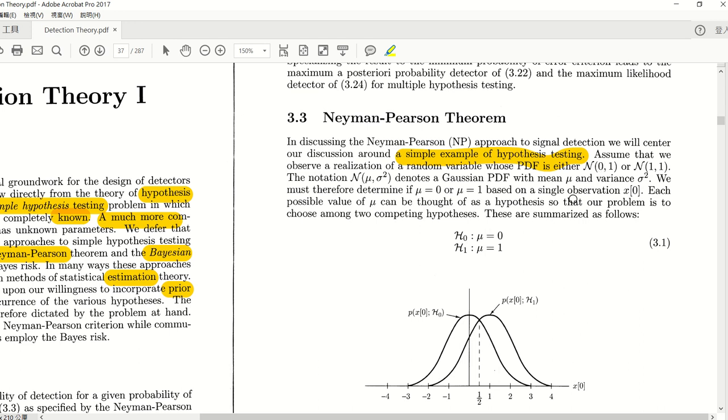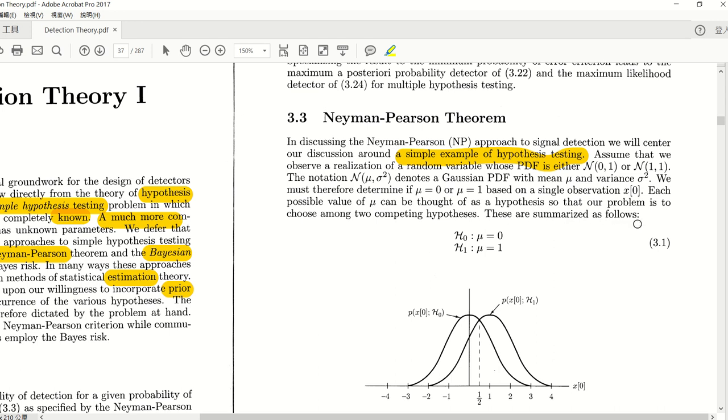Okay, so we must therefore determine if mu equals 0 or mu equals 1 based on a single observation x0. Then each possible value of mu can be thought of as a hypothesis, so that our problem is to choose among two competing hypotheses.